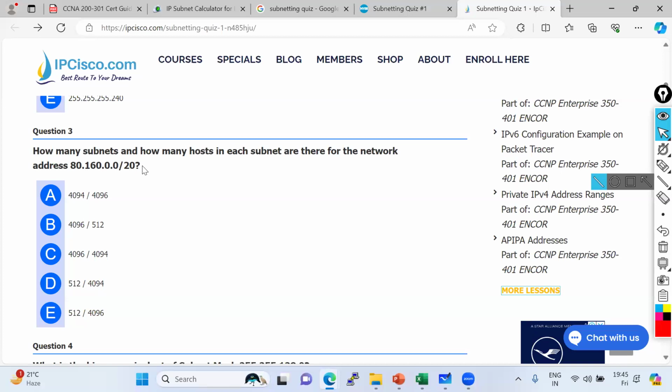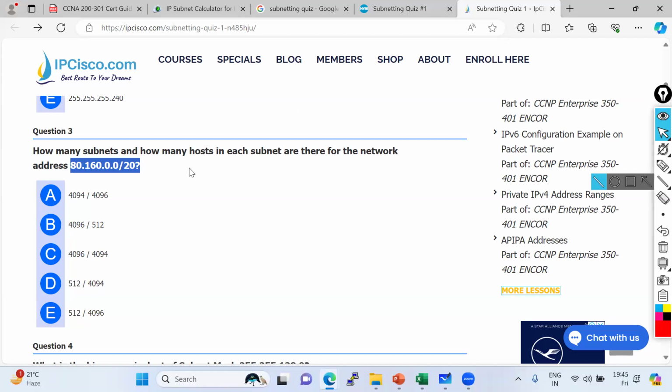How many subnets? Subnets is 12. Why 12? Wait, how many hosts can you get? 2 raised to power 12.